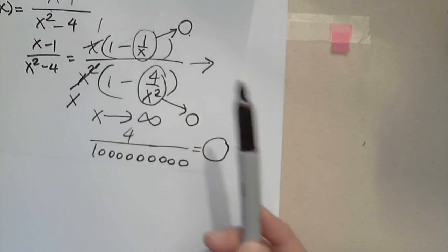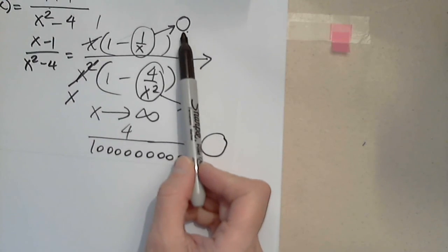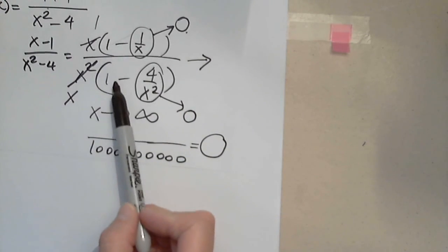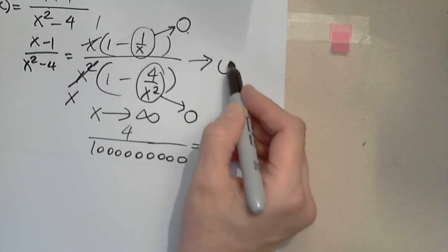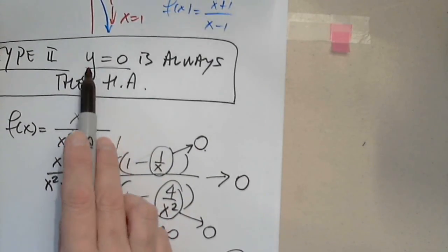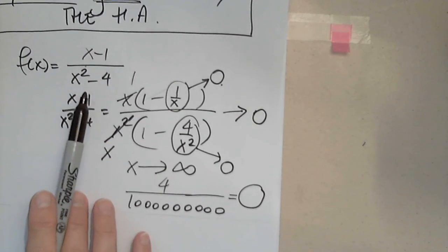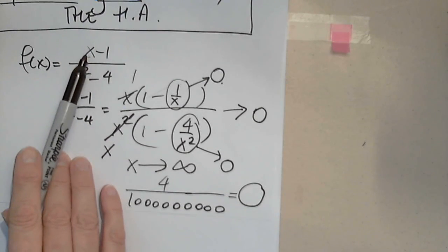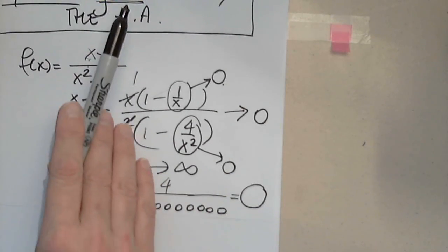If x is 5, I get 1 over 5. But if x approaches infinity, this approaches 0, this approaches 0, this is 1 over 1, but unfortunately I have a 1 over x in front. So that's the reason why every time the denominator has a higher degree than the numerator, the answer will always be 0.